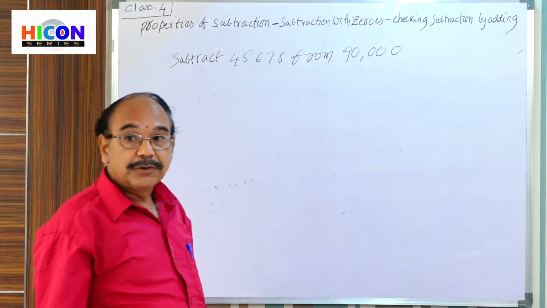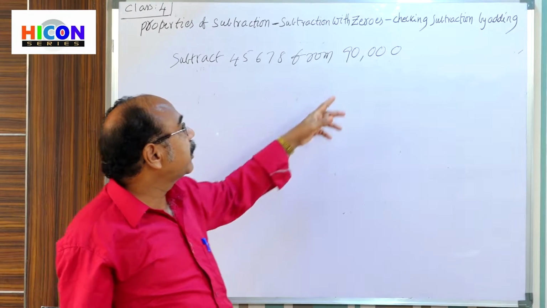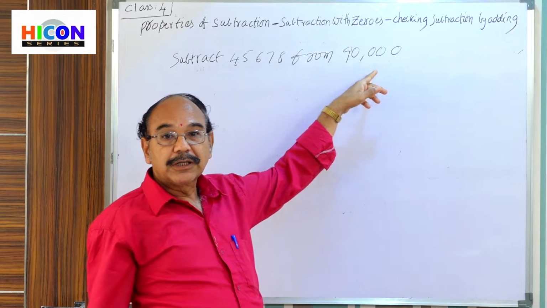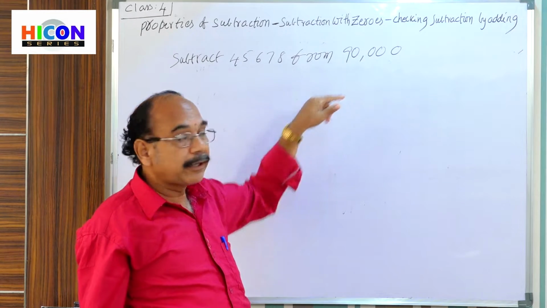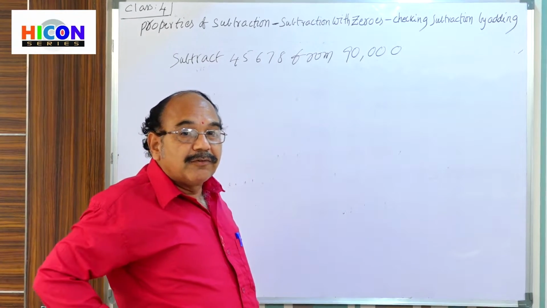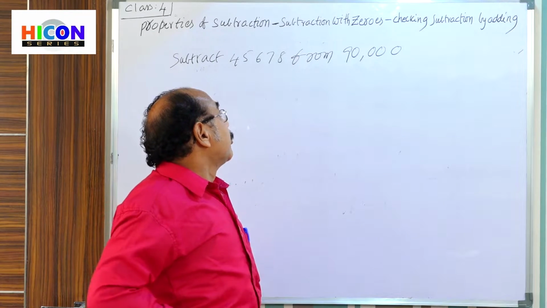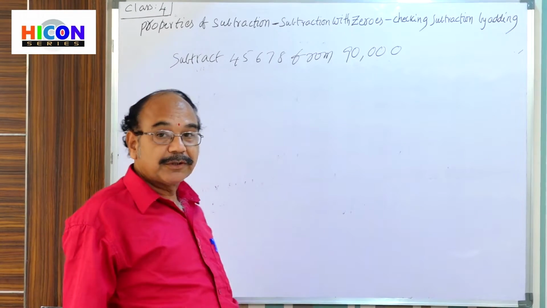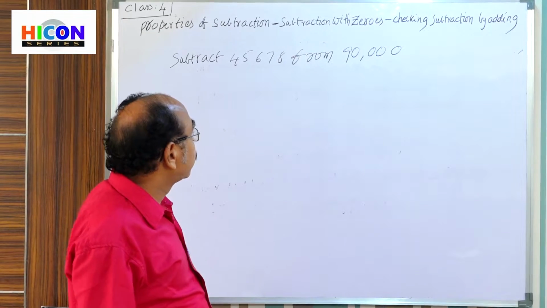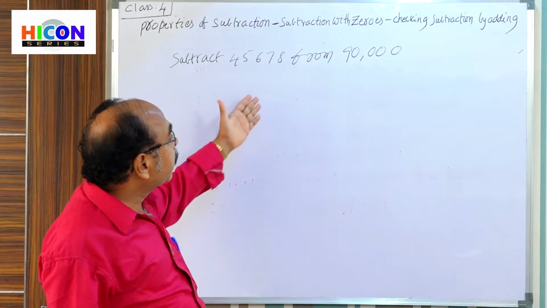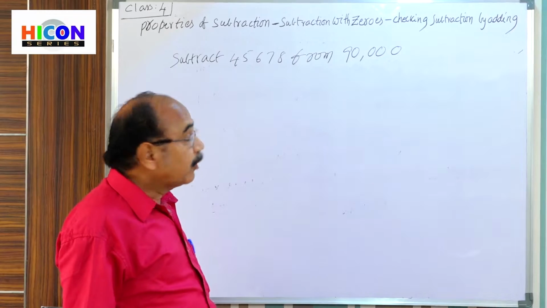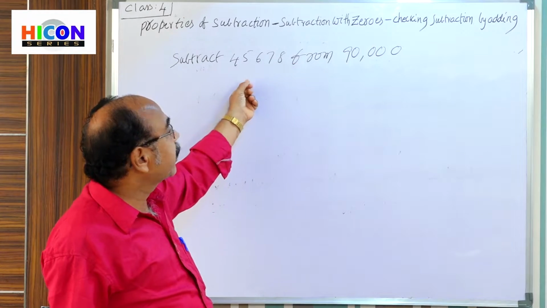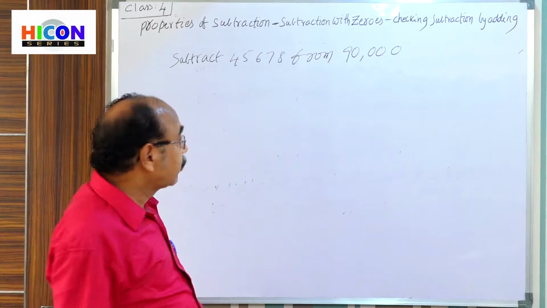That's why, with the zeros, I selected the number 90,000. From 90,000, we subtract 45,678. Look at it. In subtraction, from the bigger number, we subtract a smaller number.